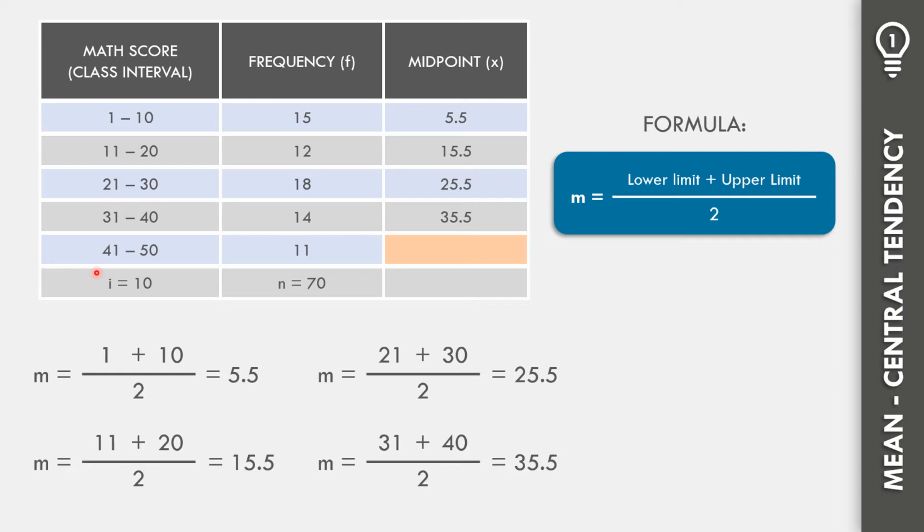And the last one, 41 to 50, the lower limit is 41, the upper limit is 50, so 41 plus 50 divided by 2, the answer is 45.5.